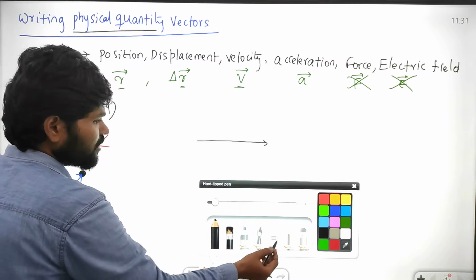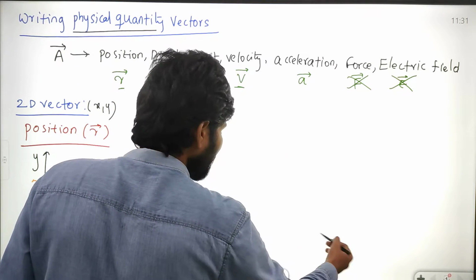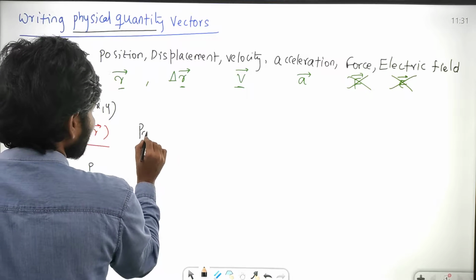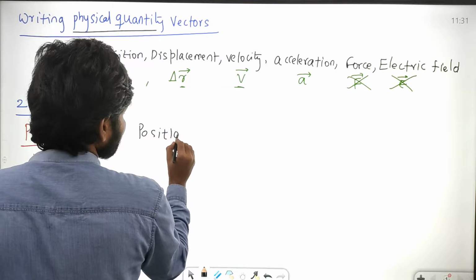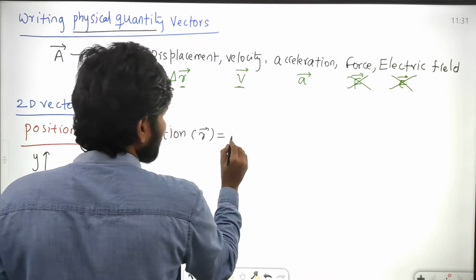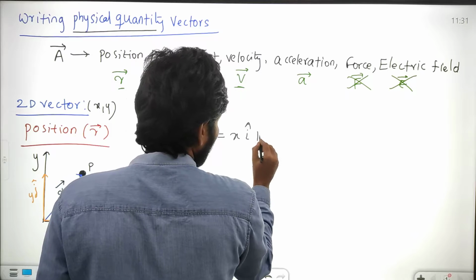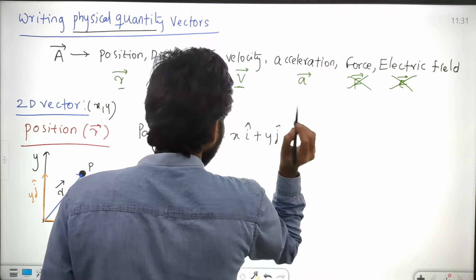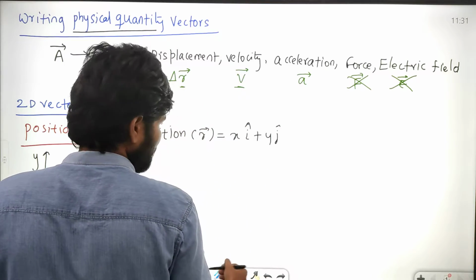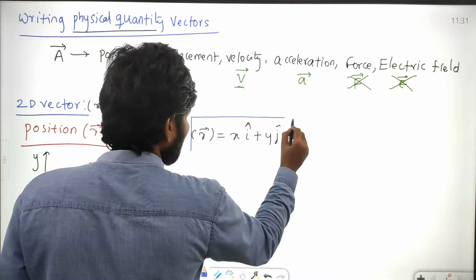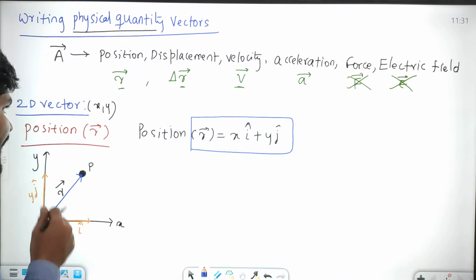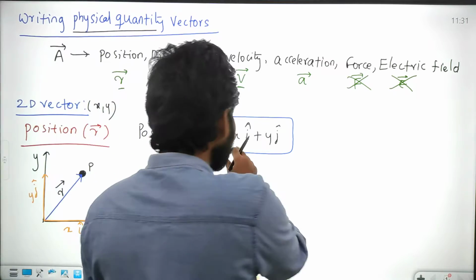Then it is completed. I am writing the position vector, that is r cap, as xi plus yj. This is the position vector. Hope you understand, right? Don't neglect it, please remember this.